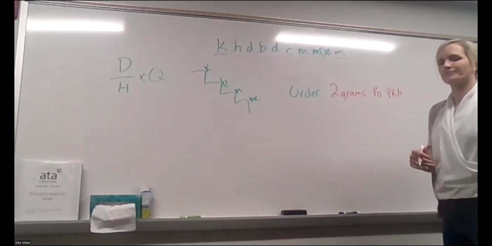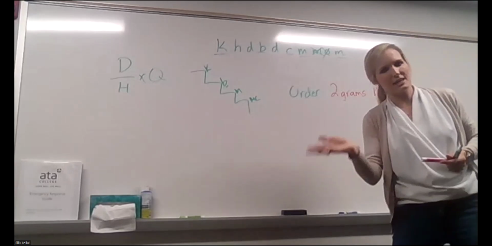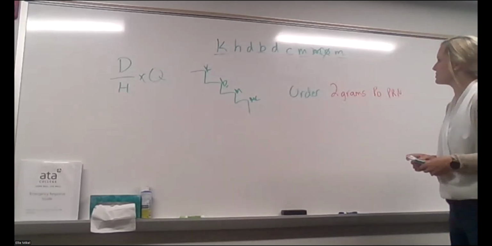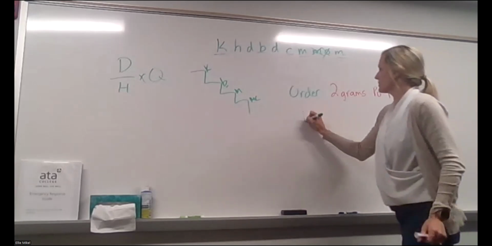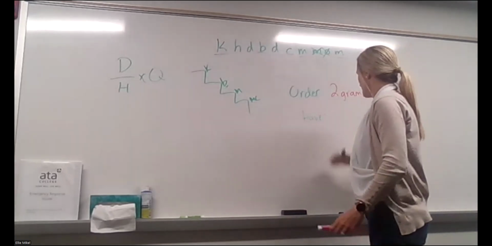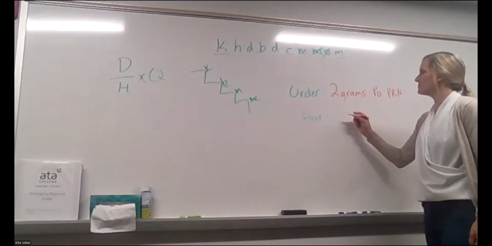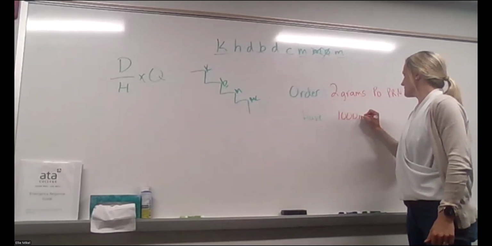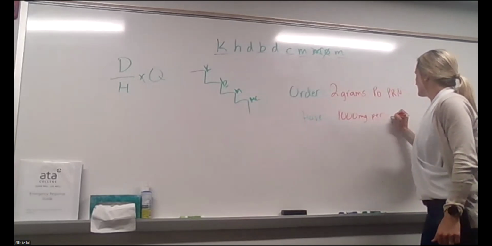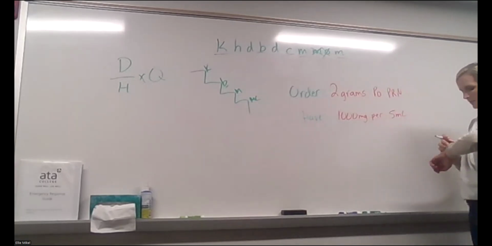We'll get to twice a day, every 4 hours. I'll show you what we need to do when we get those types of abbreviations. And then we look on the label and we have a medication that comes as, let's say, 1,000 milligrams per 5 milliliters.